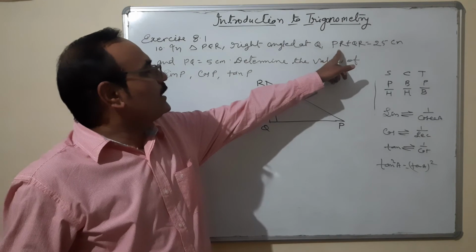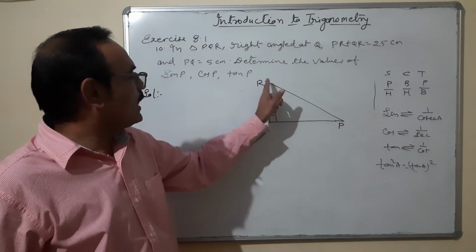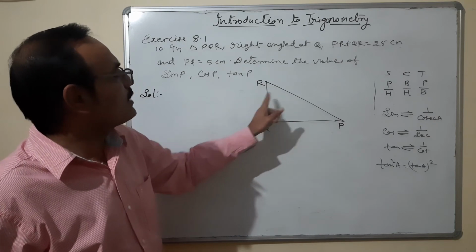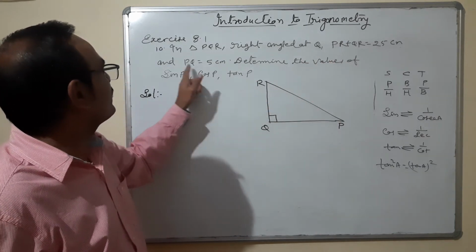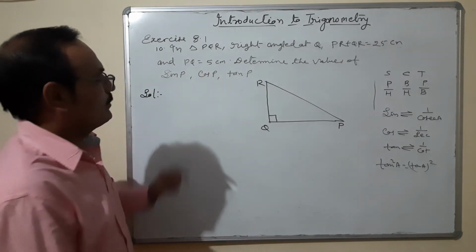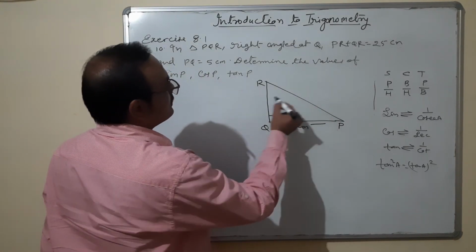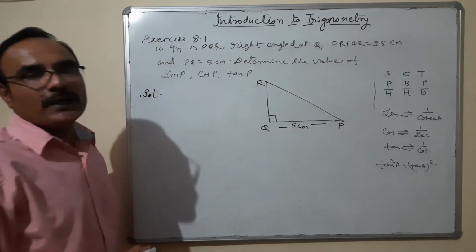PR plus QR, the sum of these two sides, is equal to 25, and PQ is equal to 5 centimeter. It's clearly mentioned.